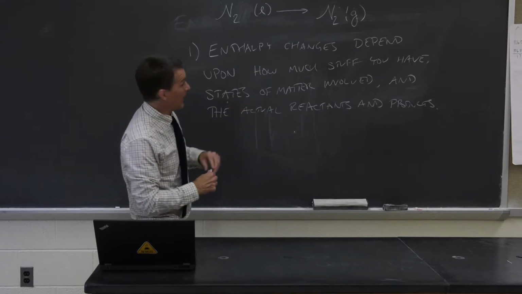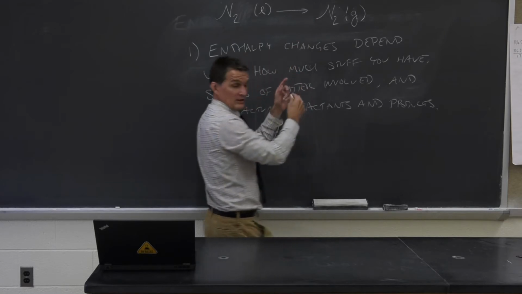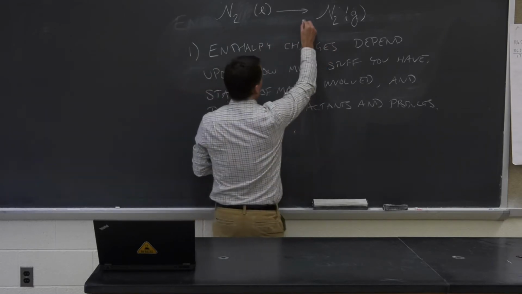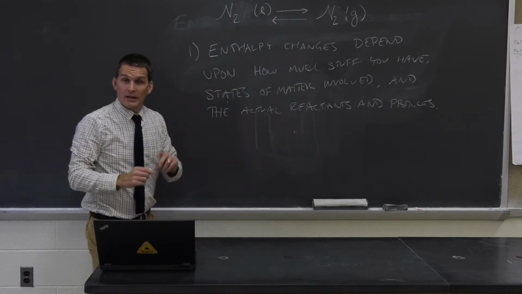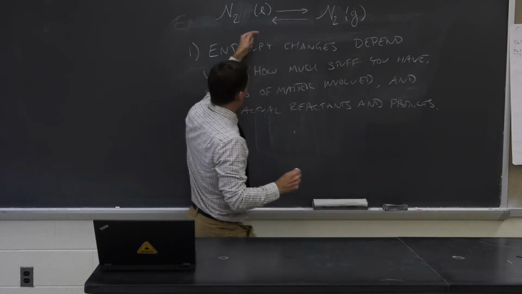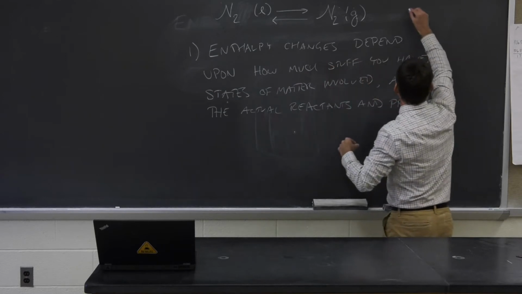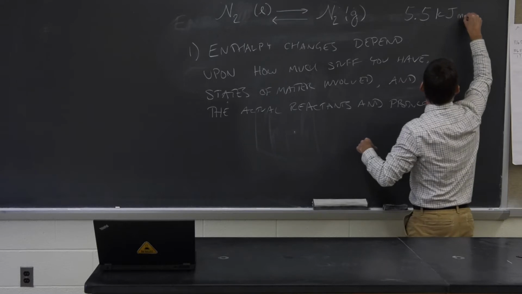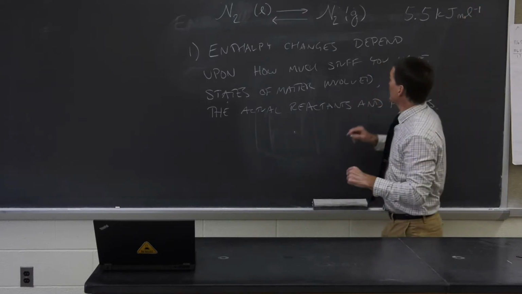Another thing to keep in mind is that if I change the process to the reverse, so instead of boiling, we have gas going to a liquid, which is condensation. If you change the direction of a particular process, let's say it's, I think I remember, 5.5 kilojoules for every mole of nitrogen. I'm not sure that's right, but I think it is.